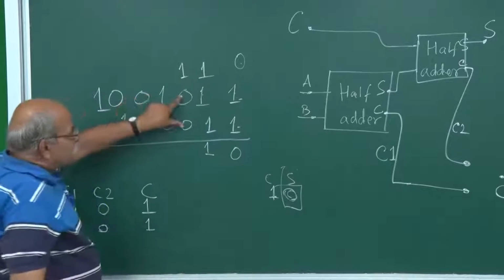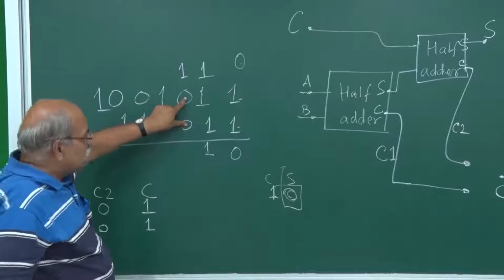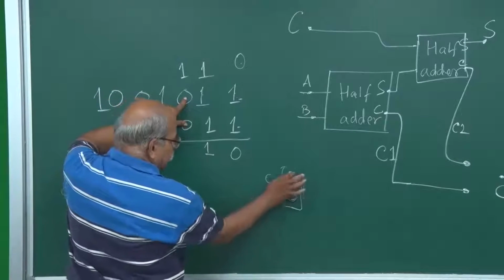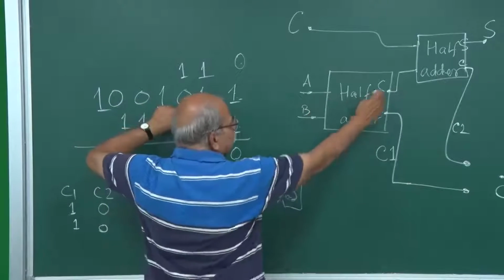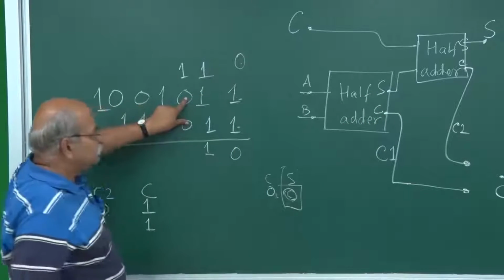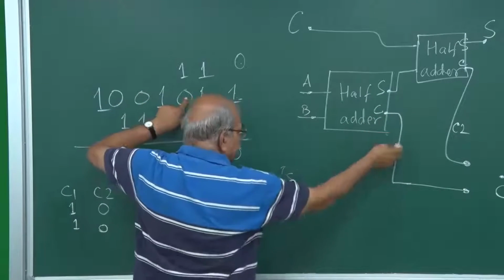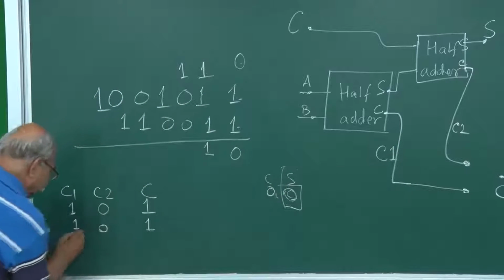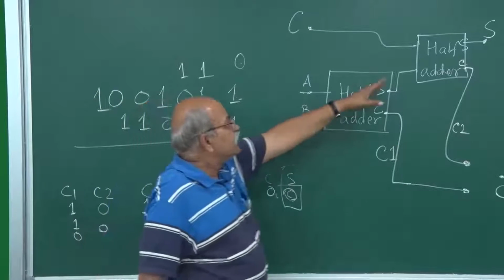Now see here, look at this. 0 and 0. This is A, this is B. The sum is 0 and the carry is also 0. So C1 is 0. Then come here.